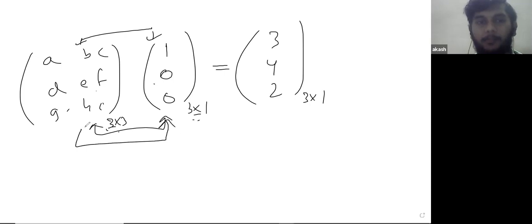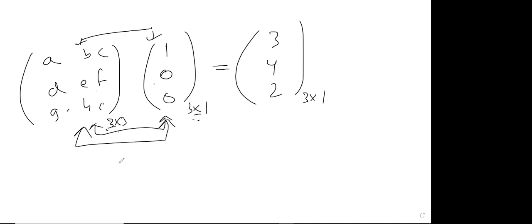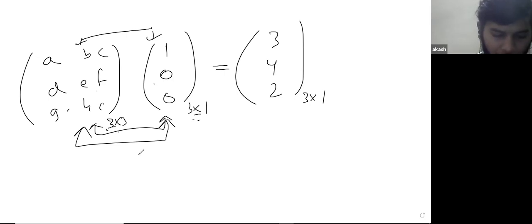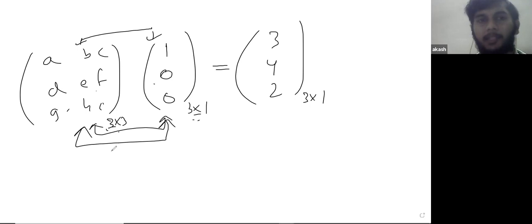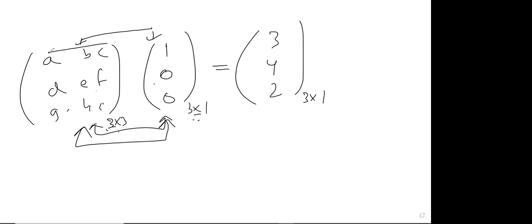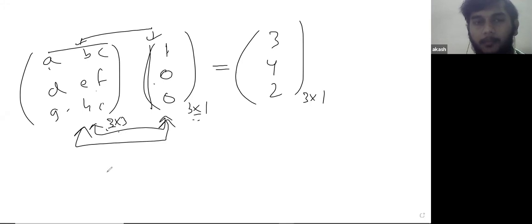This into this. It is the middle row, right? No. See, how do we multiply the matrices? Like this. This into this, right? So A into 1 is A, plus B into 0 is 0, plus C into 0 is 0.